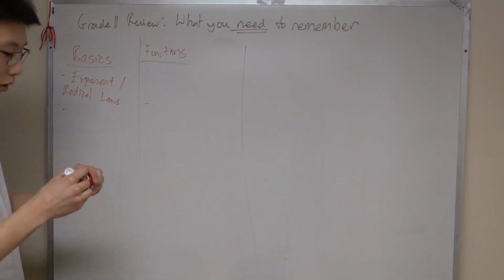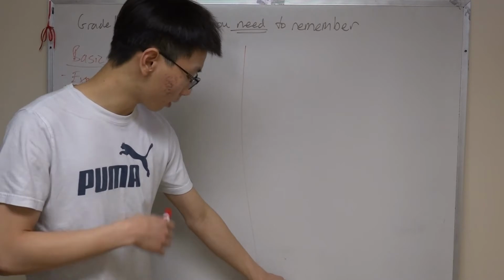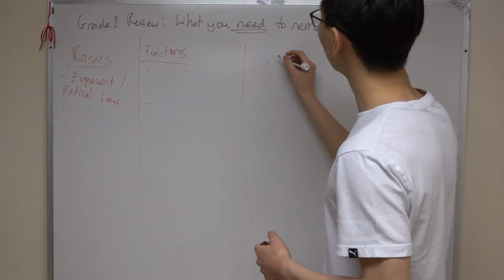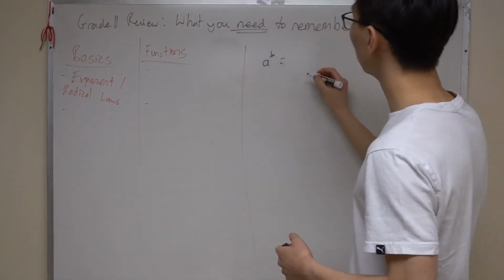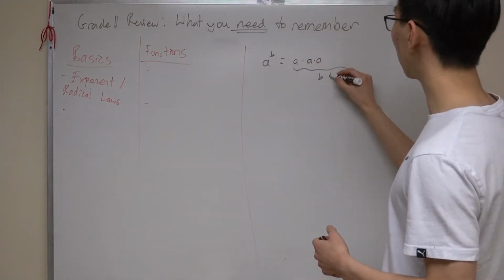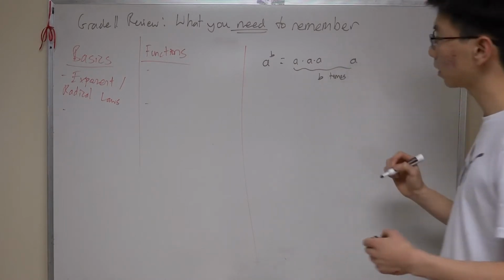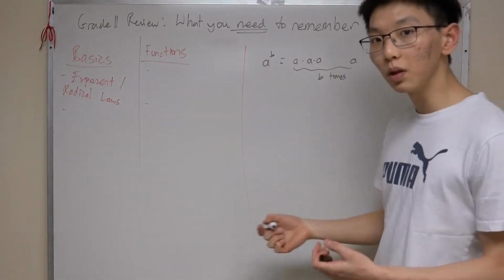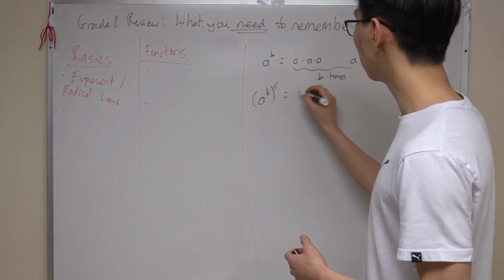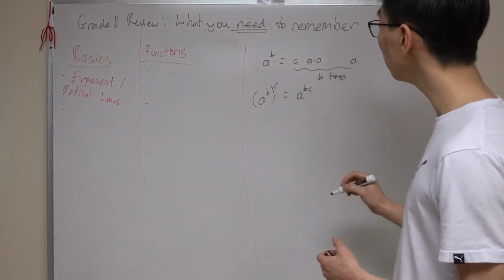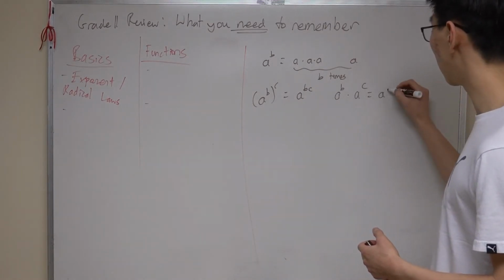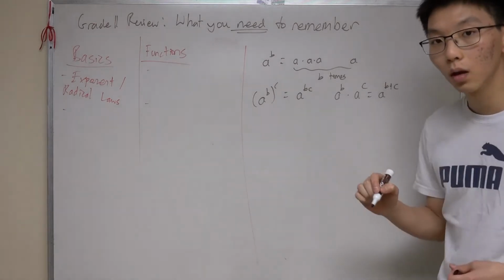Okay, and what do these look like? Just a quick refresh. We have a to the b, which means literally you multiply a, b times. Okay, and from here we can get a couple of properties. For example, (a^b)^c is equal to a^(bc). a^b times a^c is equal to a^(b+c).